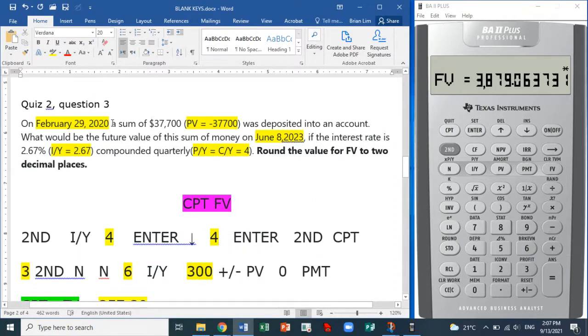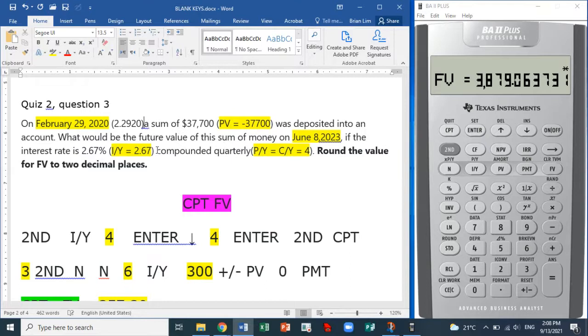Now we have dates. So I will show you this. You will actually enter it as 2.2920. Okay. And this here, June 2023, will go in as June the 8th.